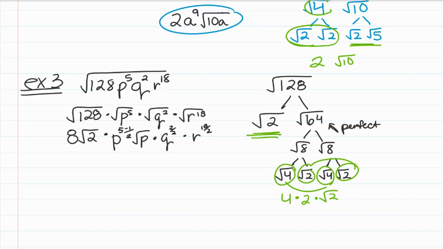So my final answer here is going to be 8 times p to the 2nd times q to the 1st times r to the 9th, right? Not p to the 4th, p to the 2nd times q times r to the 9th times, and then I have my 2 and my p here, square root of 2p.